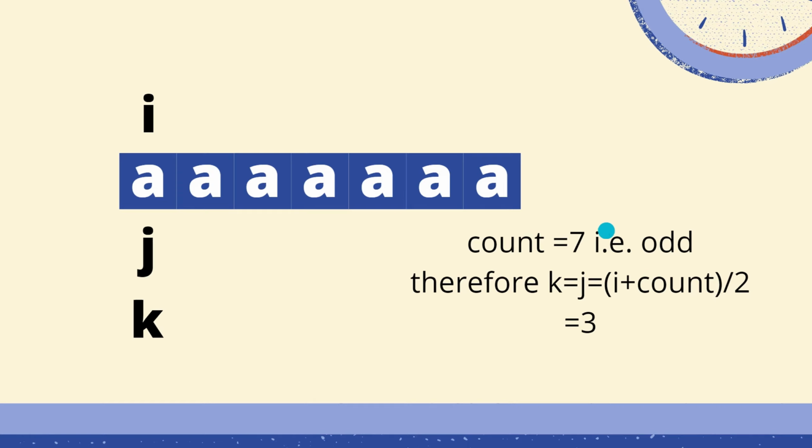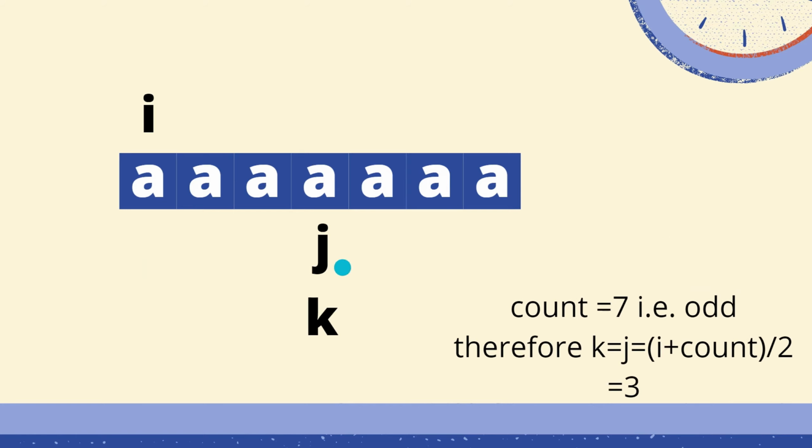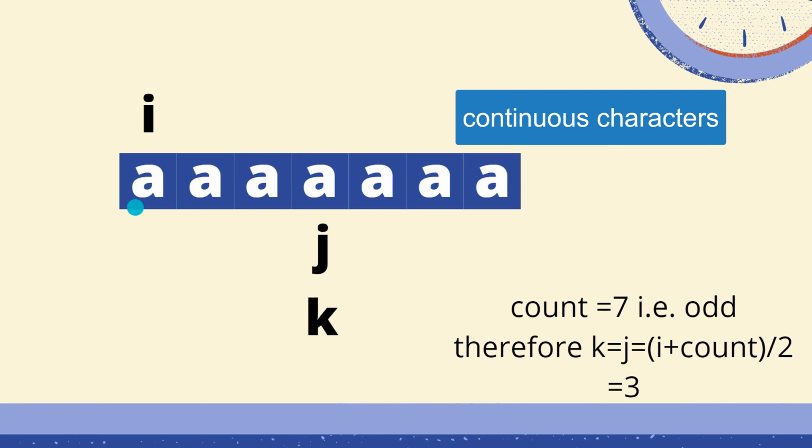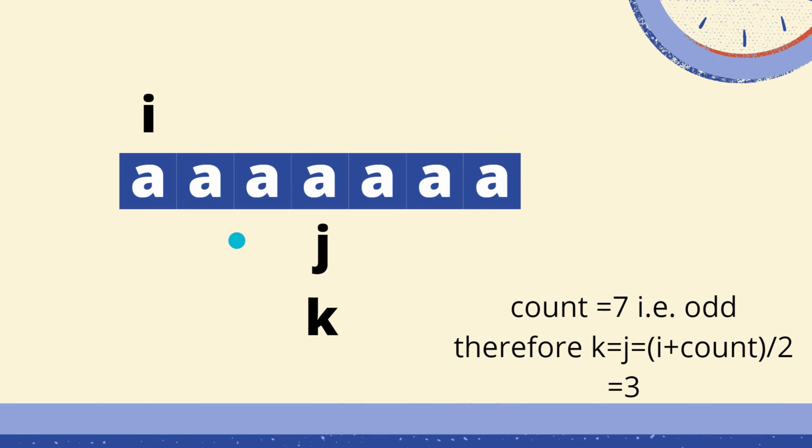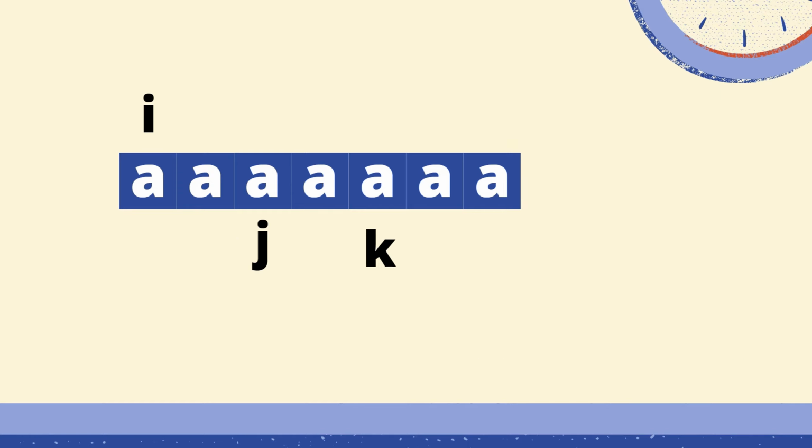So in case of odd elements, we will set our iterators k equal to j, that is I plus count by 2. So j and k will both point to the middle of this continuous run of elements. Then we will use the while loop again to check other elements in that array.